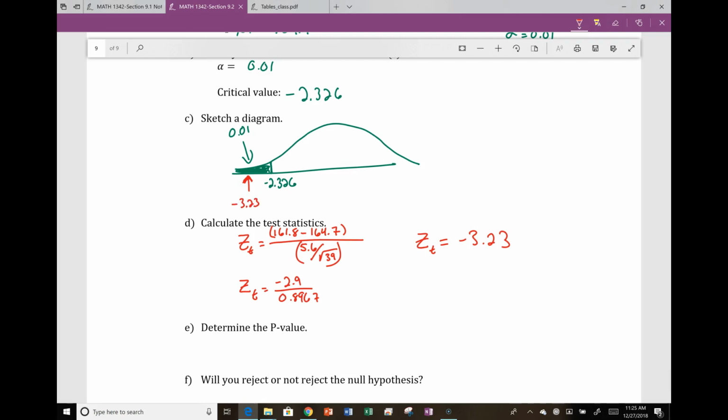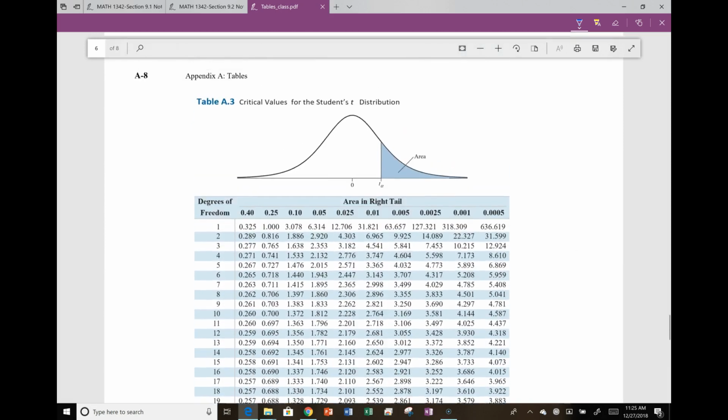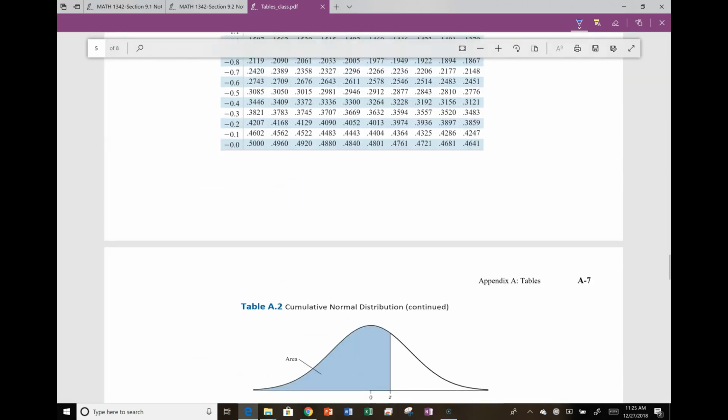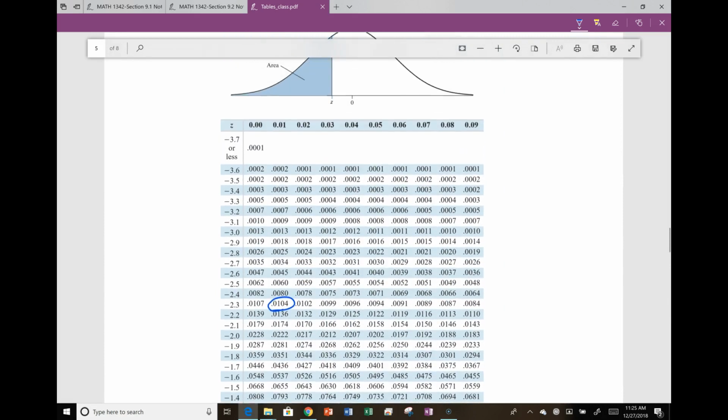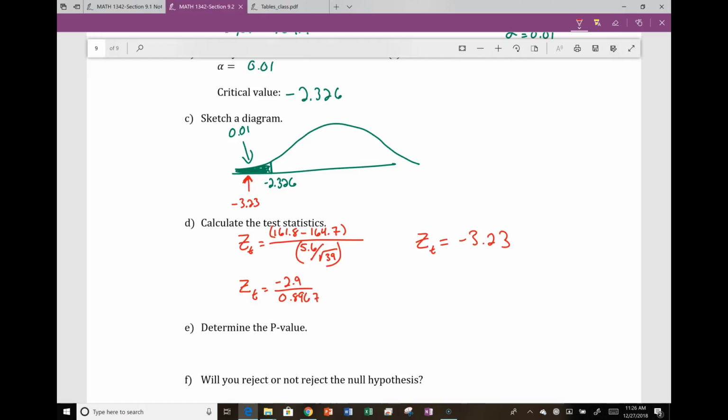We need to look at the p-value. Now notice that this is on the left side, so whenever we look at our z-chart and we're looking at a negative 3.23, well, the negative is already going to be on the left side. So a negative 3.23, here is my p-value. I don't need to multiply it by 2 because it's strictly a left-tailed test, and I don't need to subtract it from 1 because it's already on the left side.